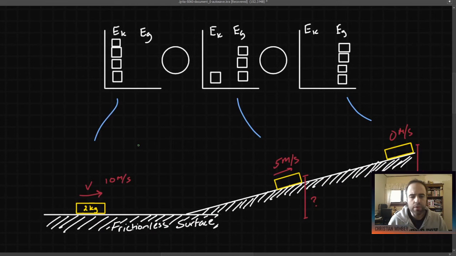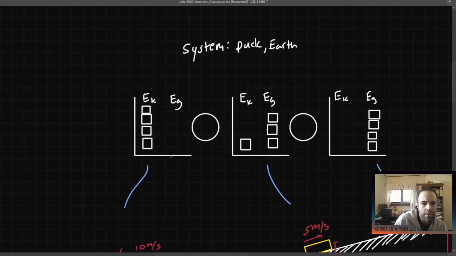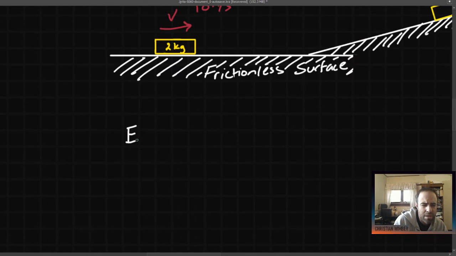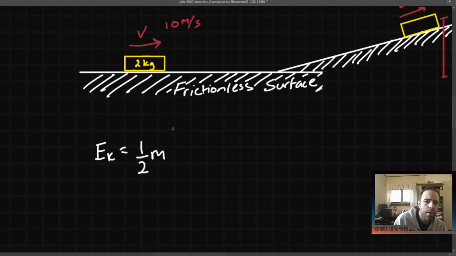So we have a few questions here. Question number 1 is, how much energy is stored in the puck initially? Well, when we look at our LOL diagram, the only way we're storing energy initially is kinetically. From our notes, where we did some algebra and combined some of our old equations with our definition for work, the energy stored kinetically must be 1/2 the mass of the object times its velocity squared.